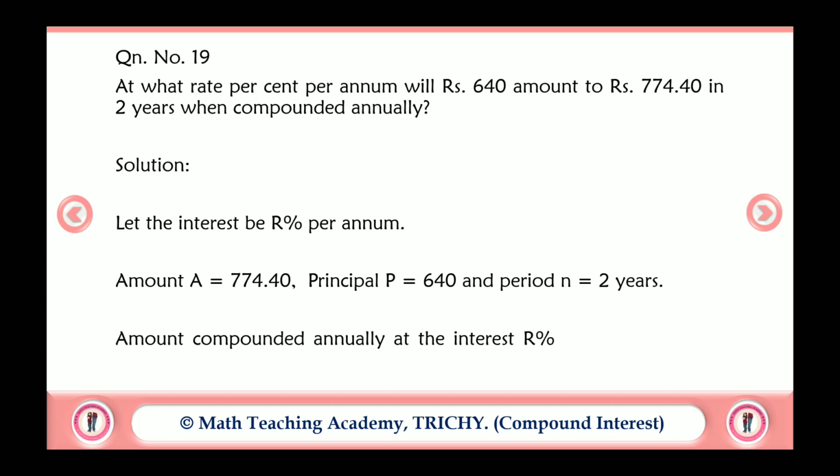Therefore, the amount compounded annually at the interest rate R percent per annum after n years is given by A = P(1 + R/100)^n. Here, in place of A, P and n, we have replaced the given values.